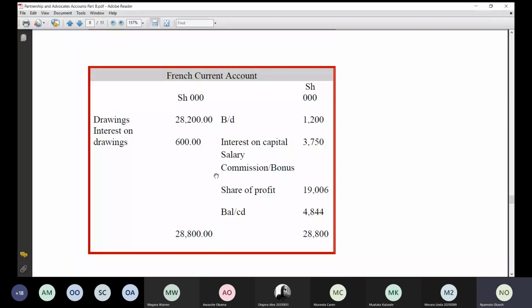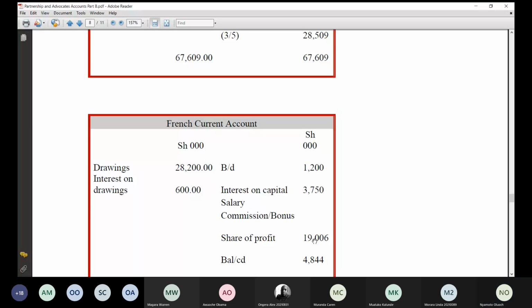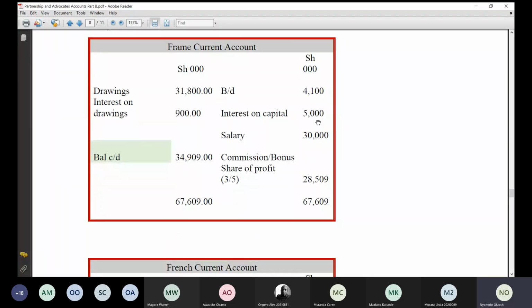And so then this would be a debit account, a typical example of losses that would then be shared at the point of dissolution in the profit sharing ratio. So then his balance carried down in this account is going to be 4844, and that account balances at 28,800. It is these adjustments that are going to give you marks.